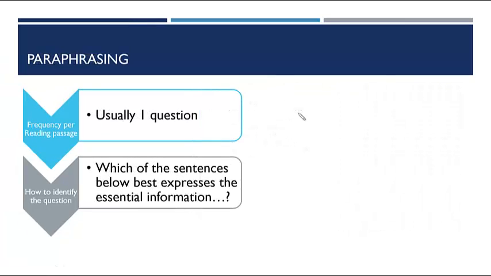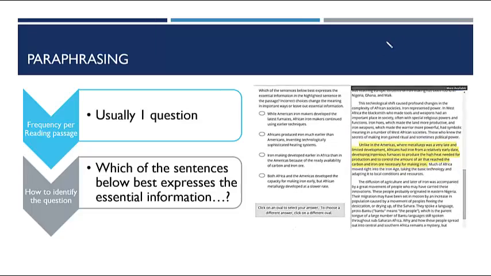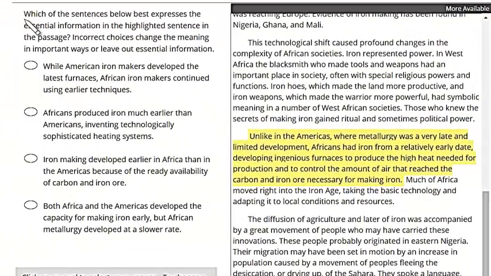Then, paraphrasing. You are going to usually find just one question. You can identify this by reading "which of the sentences below best expresses the essential information." As you can see in this example, you can read the keywords.